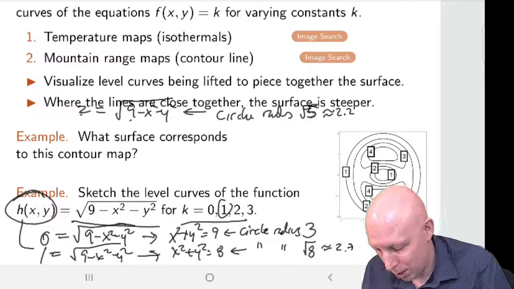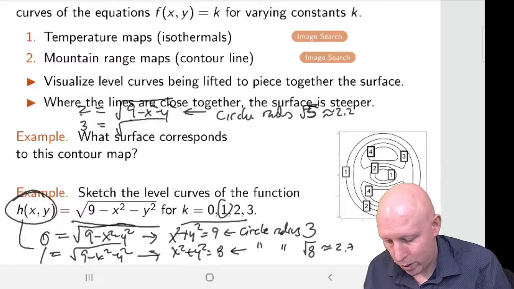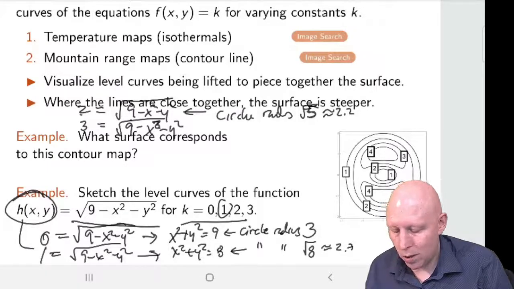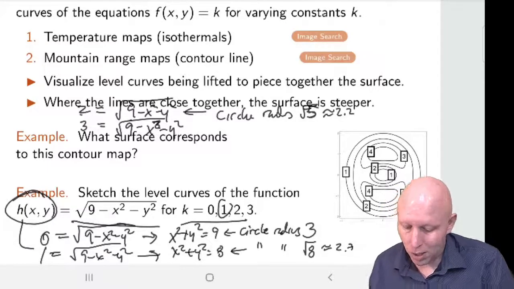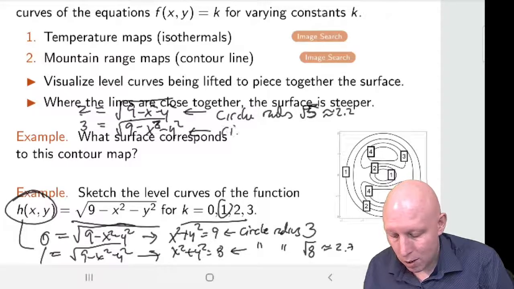Not 100% sure about that, but it's good enough for what we have to do. And what about the level curve when we have 3 is equal to the square root of 9 minus x squared minus y squared? This is a circle of radius 0.